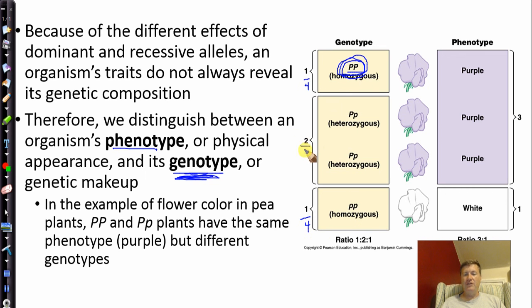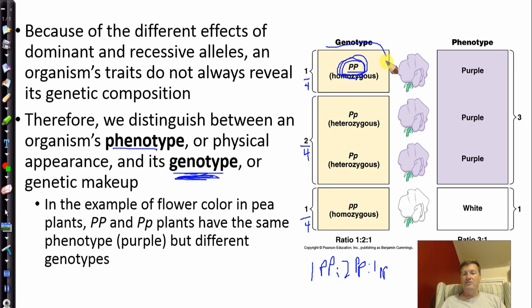And then 2 of the 4 combinations are going to be big P, little p, heterozygous. So the genotype ratio is I have 1 big P, big P to every 2 big P, little p to every 1 little p, little p. Okay, the genotypic ratio is that.